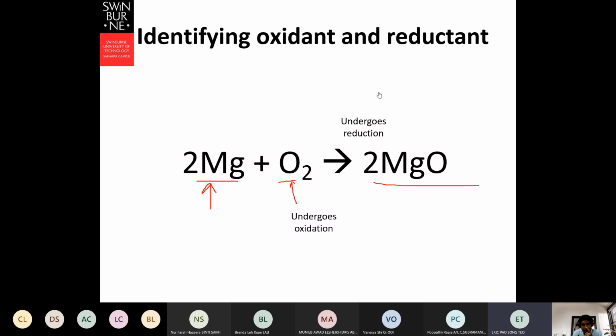Magnesium is +2, oxygen is still -2. All right, +2 and -2. I'm talking about the left side, okay? Not this side. So anybody else want to support your friends or differ from your friends?